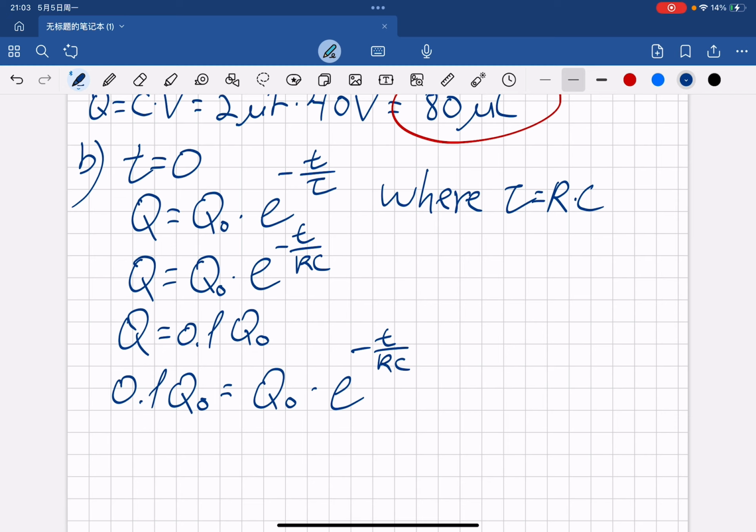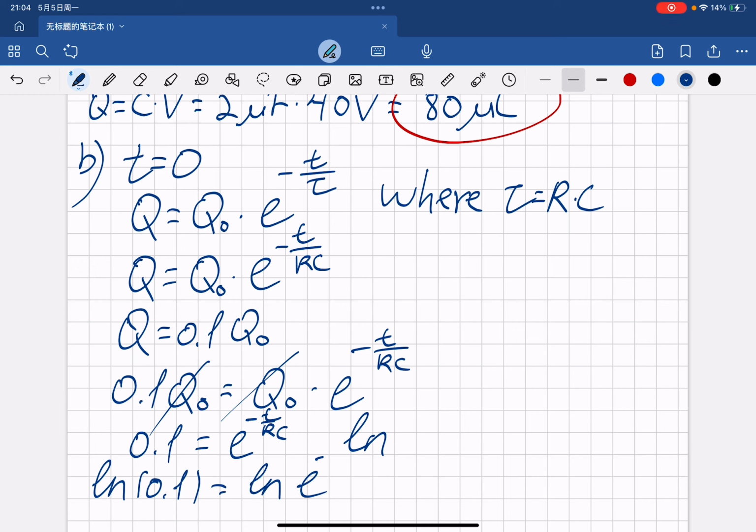So divide both sides by Q0. Then we have 0.1 is equal to e to the power of minus t divided by RC, and take the natural logarithm, ln. So ln 0.1 is equal to ln e to the power of minus t divided by RC.